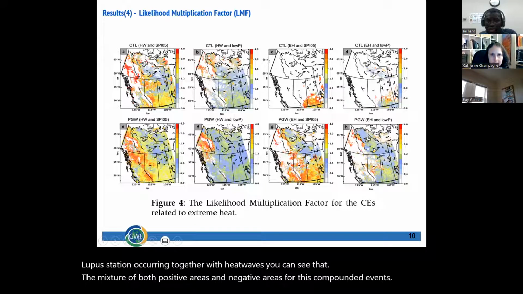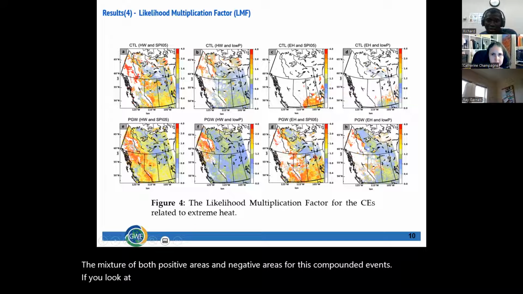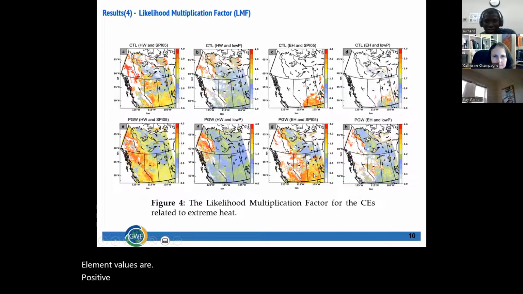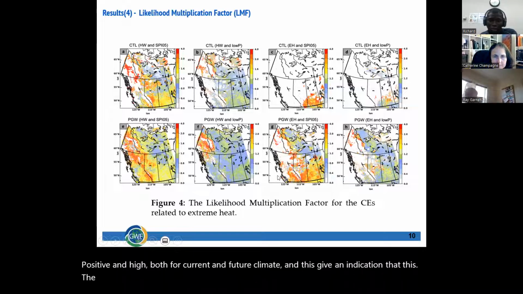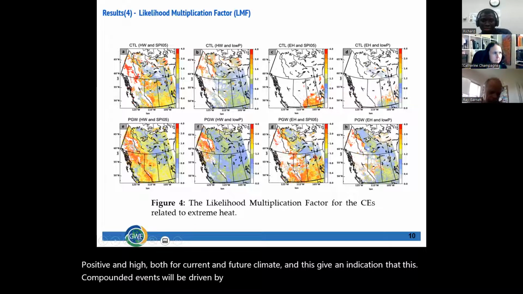If you look at the extreme heat and drought, you can see that the LMF values are positive and high, both for current and future climate. And this gives an indication that these compounded events will be driven by the same driving mechanism over the prairie region.